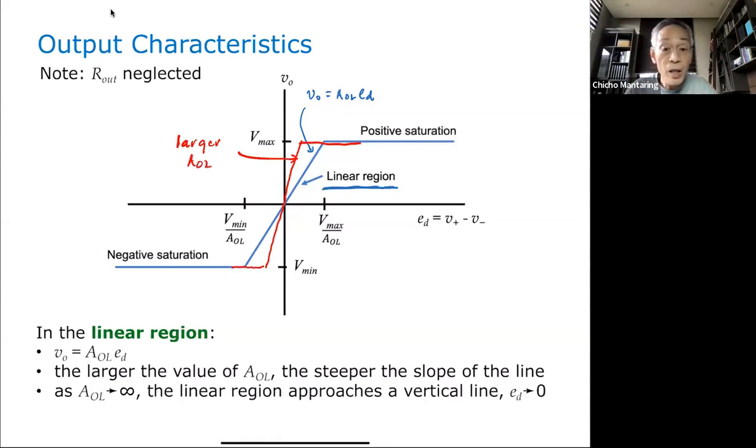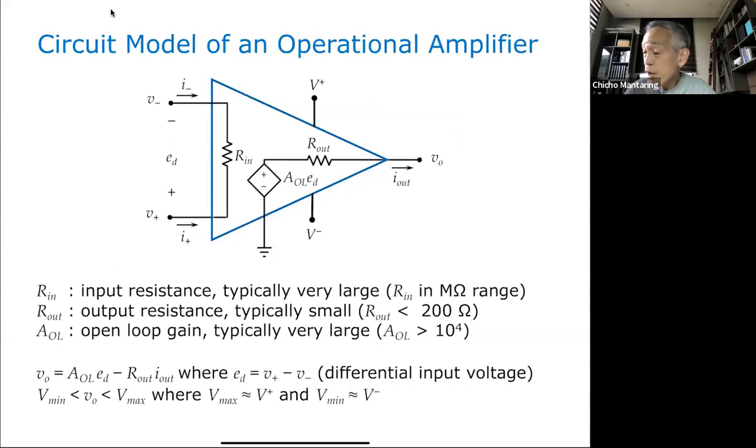In fact, what will happen if AOL is very close to infinity? Remember what I said earlier? The value of AOL is very large, in the 10,000s.